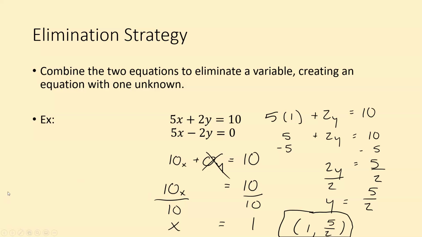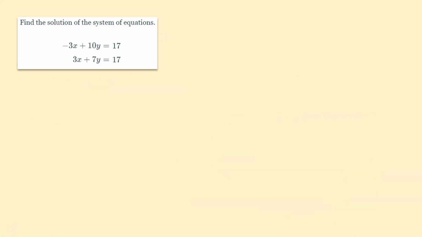All right, so that's the basic strategy for these. So the first step for solving these equations using elimination is deciding what variable to eliminate. Some of these are set up in such a way that it's relatively obvious.